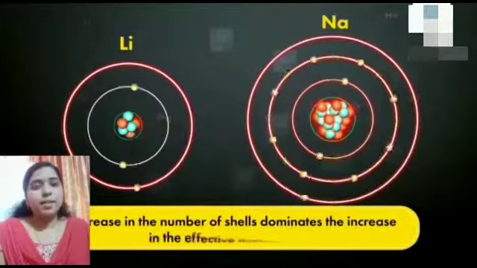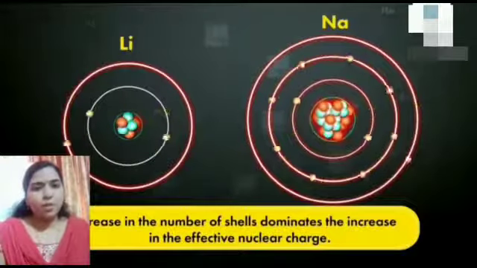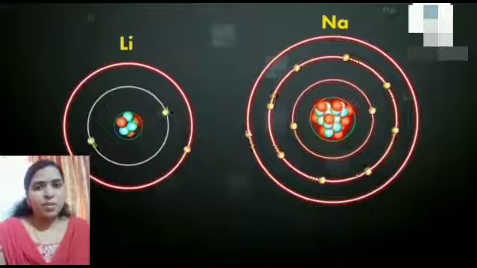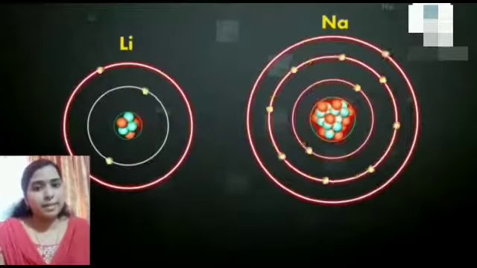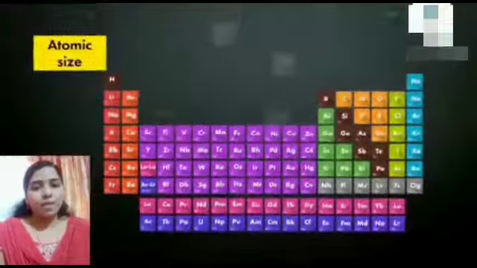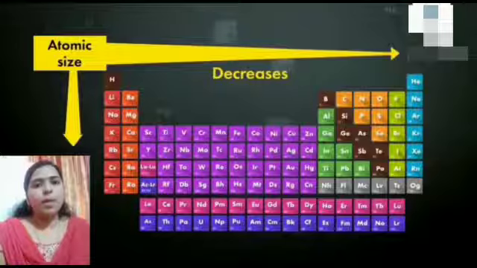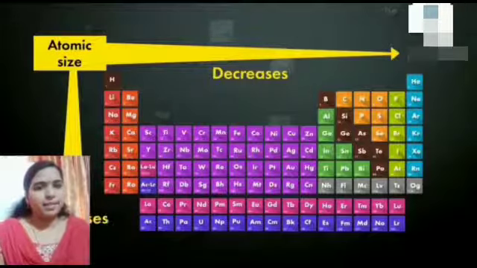Thus, here the increase in the number of shells dominates the increase in the effective nuclear charge. Naturally, the size of the atom increases. So in short, we can say that across a period, atomic size decreases and down the group, atomic size increases.